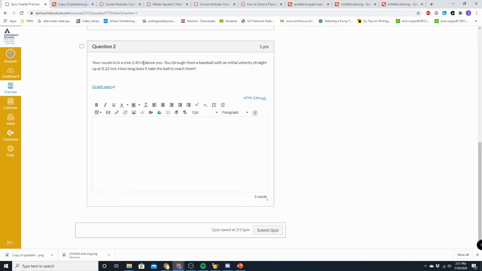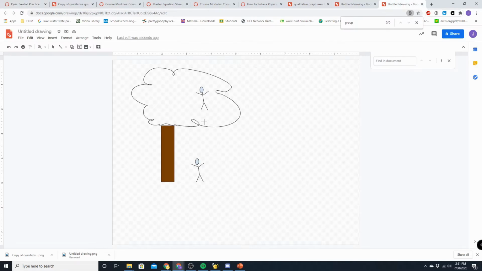Unless there's additional information about how tall you are and how tall your cousin is, what we're saying is that the ball will go, I'm going to move the cousin a little bit so I can get to the cousin's hand. There we go. So that is going to be the 2.4 meters. So we're going to make that the y-axis like that, and the x-axis like that.